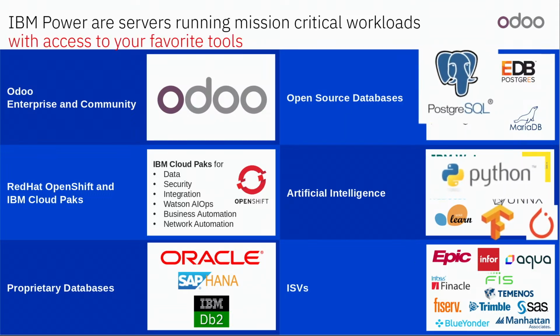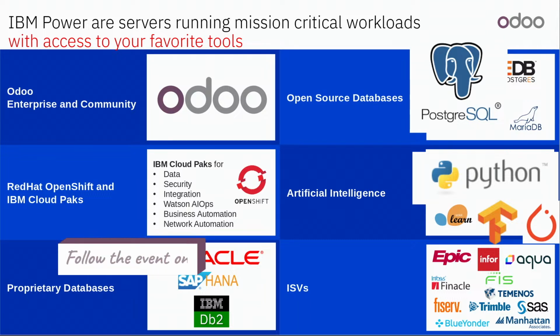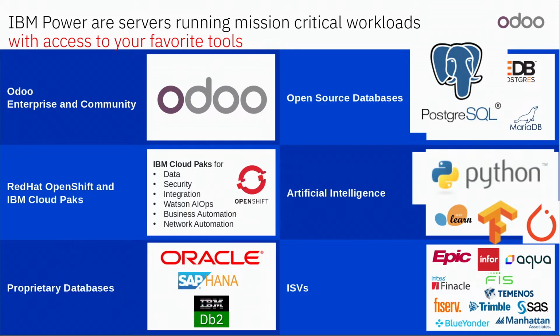We are here because first, we are running Odoo, we are certified with Odoo, but we are also running PostgreSQL, Python, and tools such as TensorFlow and PyTorch. So these are natural workloads on IBM Power, and that's the reason why we are there. You should know that IBM Power is mostly DB workloads, so the architecture is optimized to run this kind of workload in a very important and performant way.